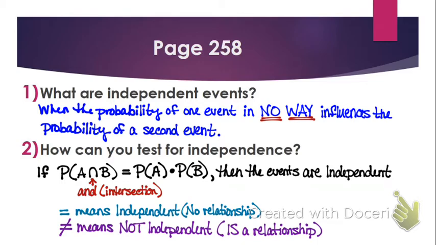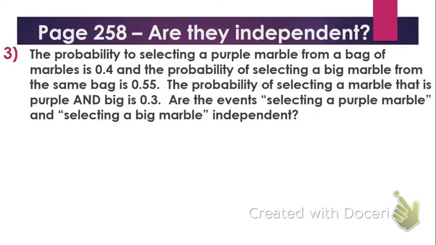We are going to do several tests for independence to practice with this. So if you look down at number 3, it describes a situation where we've got a bag of marbles. The marbles in this bag have multiple different colors.